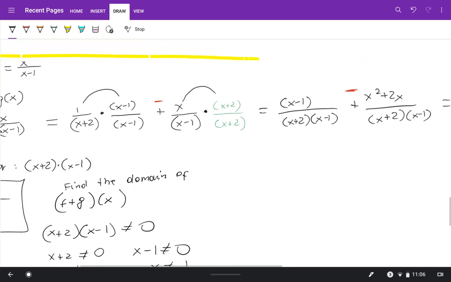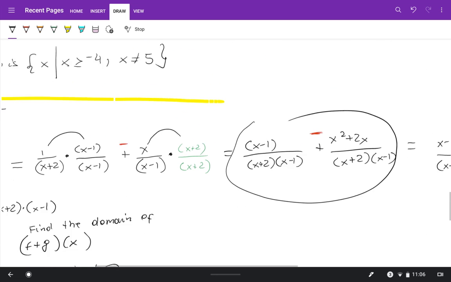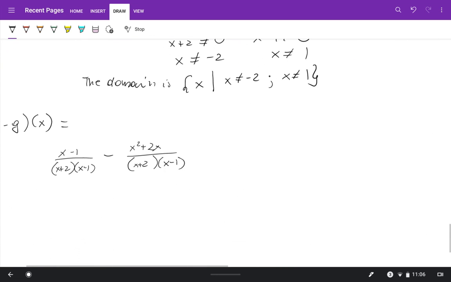Okay, so again, going back, since we did that work, I just copied this part and I replaced plus with minus. So now we have a common denominator. You're going to copy this down. So this is x plus 2 times x minus 1. And you subtract the numerators.